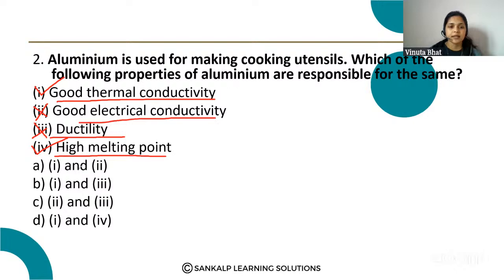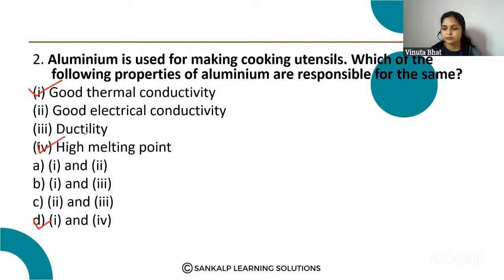See the options: A, 1 and 2; B, 1 and 3; C, 1, 2 and 3; D, 1 and 4. Good thermal conductivity and high melting point. Option D is the correct answer here, 1 and 4. Please note down the answer.